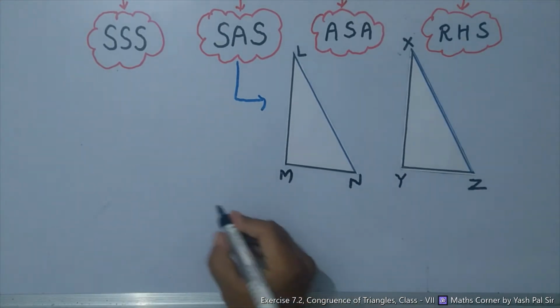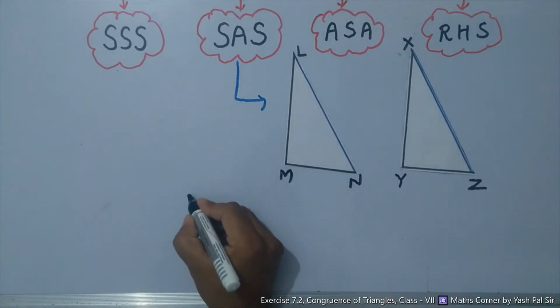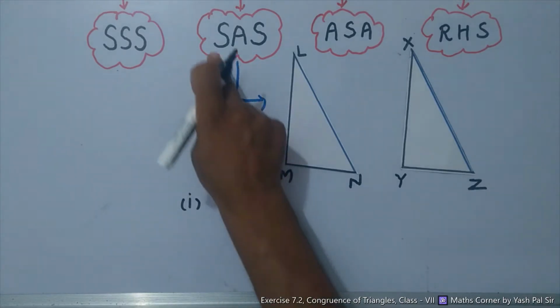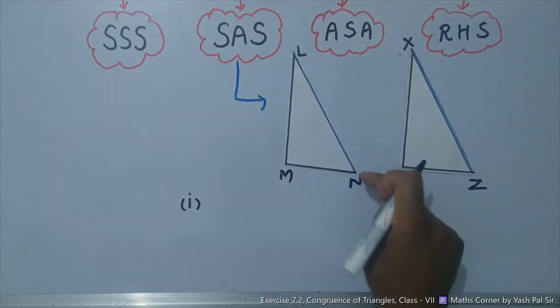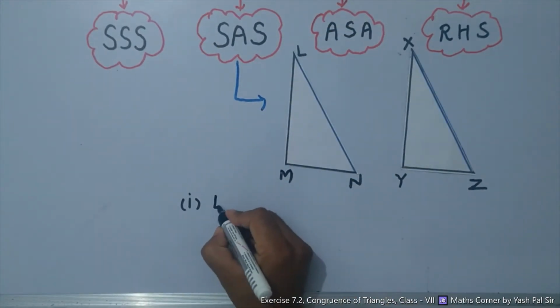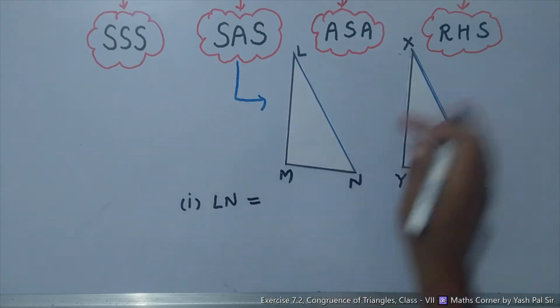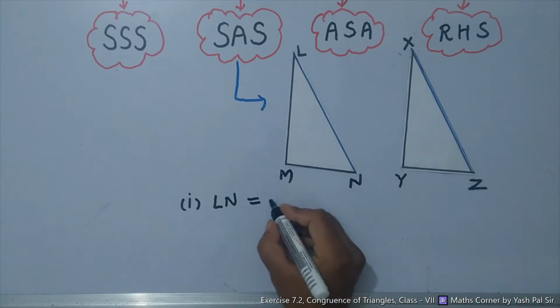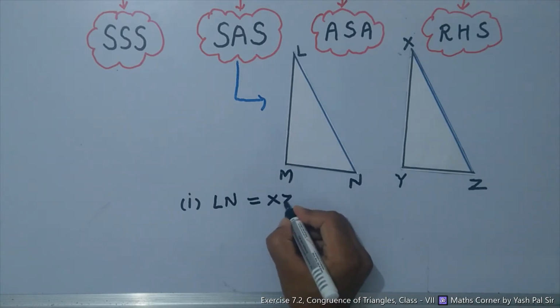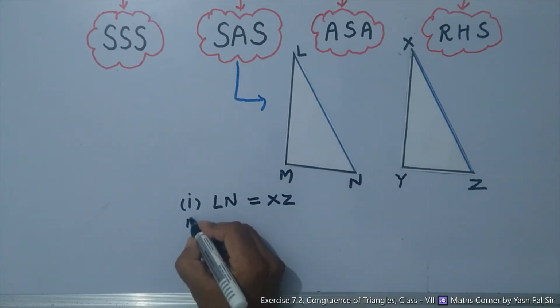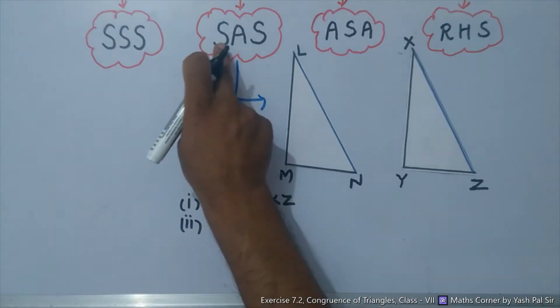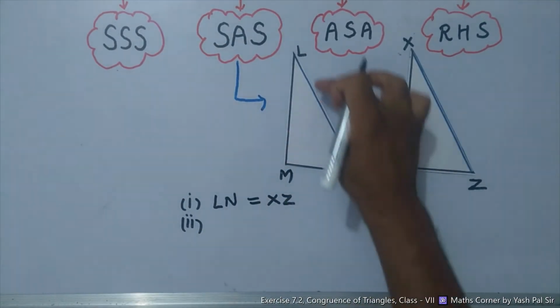Here, what is given? Number 1, side LN is equal to side XZ. Second, after side we have angle.